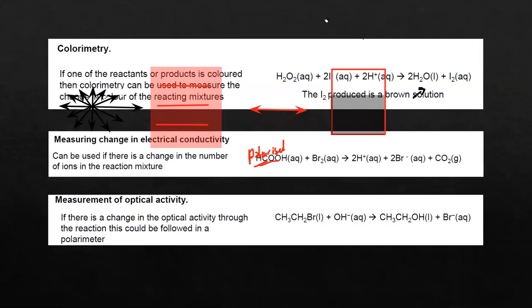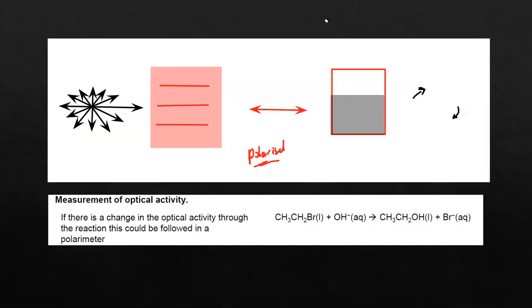In the beginning it was rotating, say, clockwise, but as the product is formed, the same light is rotated anti-clockwise. This gives an indication of how much time the light will take to change its plane, so we can identify the speed or the rate of the reaction.